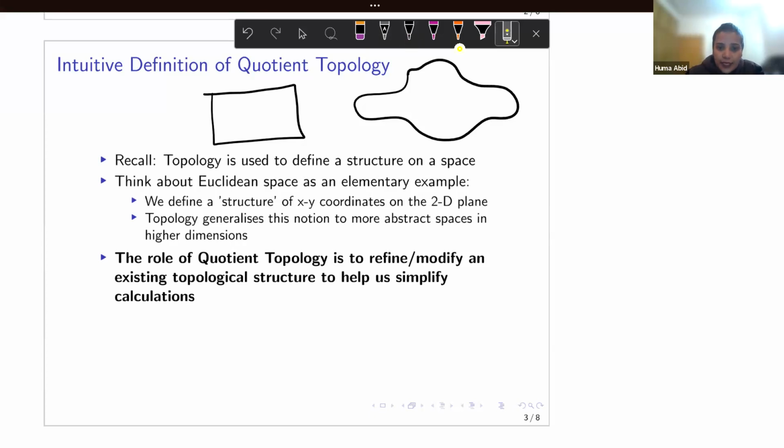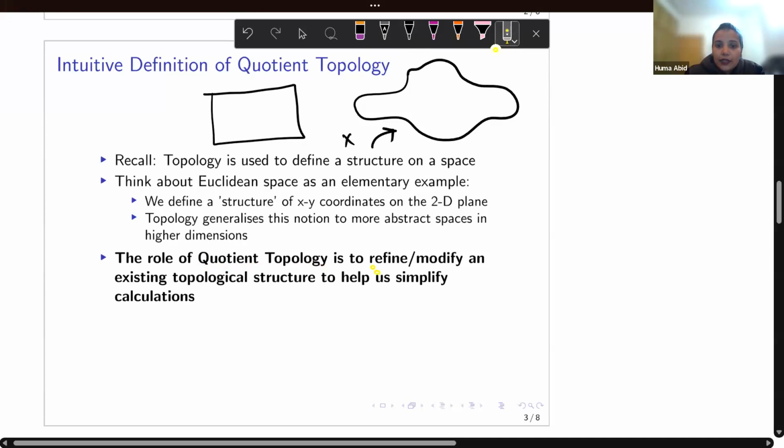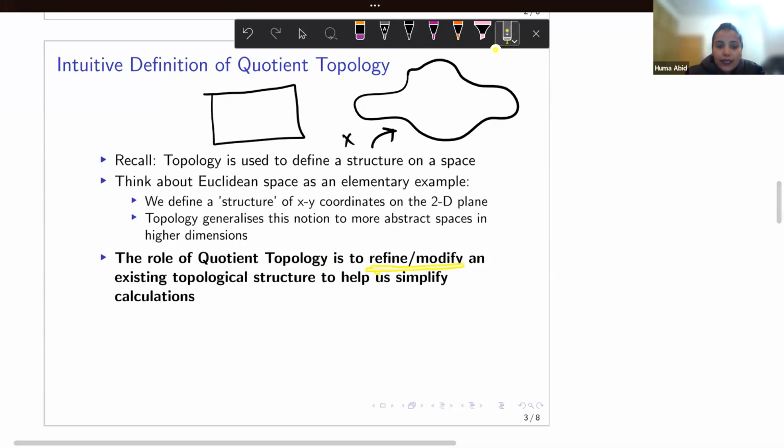Now, with this background in mind, I will introduce what quotient topology is. If you already have some topological space X, the role of a quotient topology is to refine or modify an existing topological structure so that you can simplify your calculations.